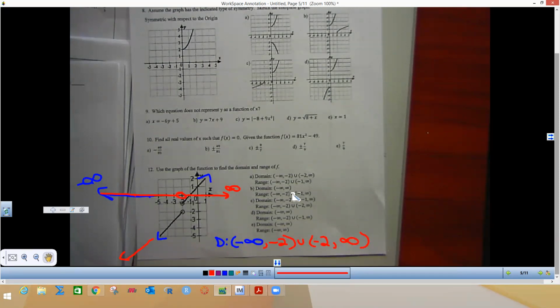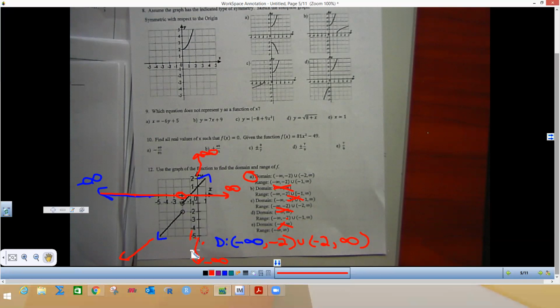So when I look up here at these choices, I know this one's not right. This one's not right. That one's not right. So I already know my answer is A without even having to do range. But we're going to do range as well, just so you can see it. Range is talking about starting from the bottom. So we're going to start from down here, from negative infinity, and come up to positive infinity for the y value.